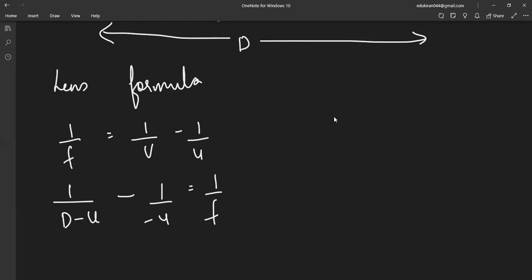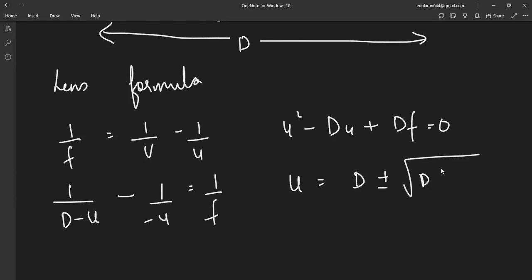From this, if we cross multiply, u square minus Du plus Df will be equal to 0. So if you use your quadratic equations, u will be equal to D plus minus under root D square minus 4Df, divided by 2. This will come when you solve this simple quadratic equation, using minus b plus minus under root b square minus 4ac. You will get this after putting it.